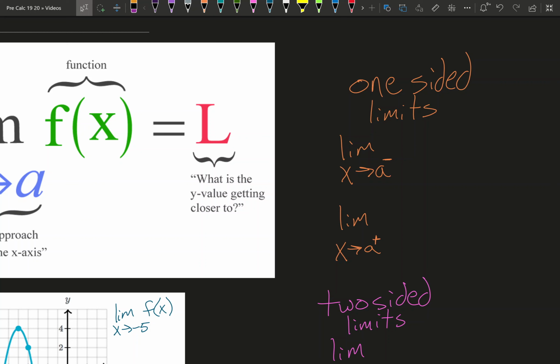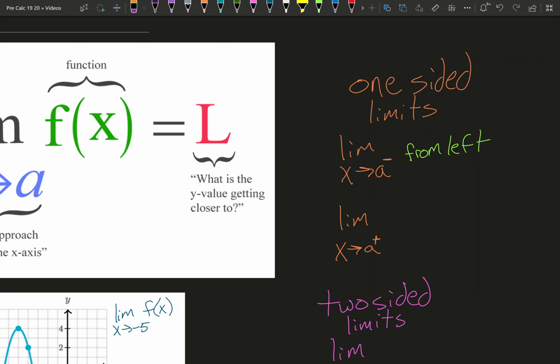Now, we have some one-sided limits and two-sided limits, and they are exactly as they sound. One-sided limits are where we're approaching x from a certain direction. So this first one is our limit as x approaches a. This is from the left, shown by this little negative sign in the exponent for a.